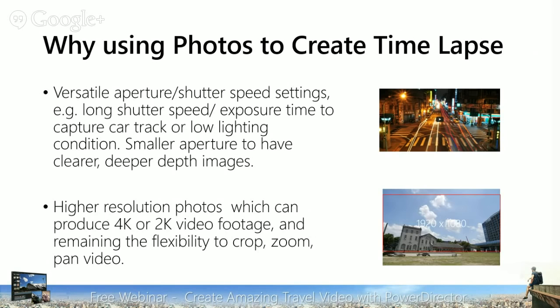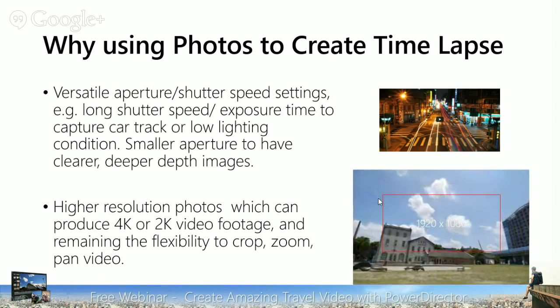It's not like in the movie Tron, where you cannot see the car itself clearly, but you can see the car track. The second reason is that photos usually have higher resolution compared to video. For example, a 2 million pixel photo is already higher than 2K resolution, not to mention that nowadays most cameras are able to take 10 megapixel or higher resolution photos.